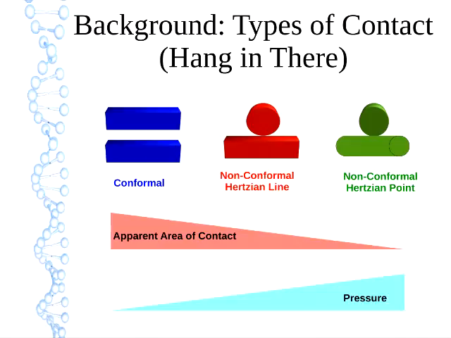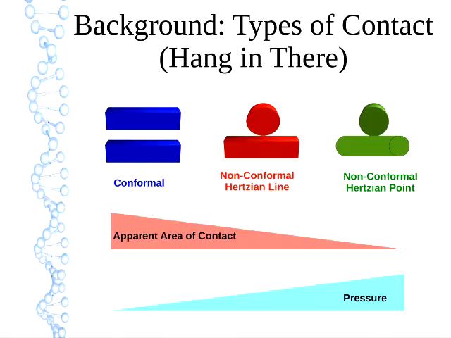What that means is that non-conformal contacts have a relatively small contact area and high pressure, whereas conformal contacts have a relatively large area and low pressure.